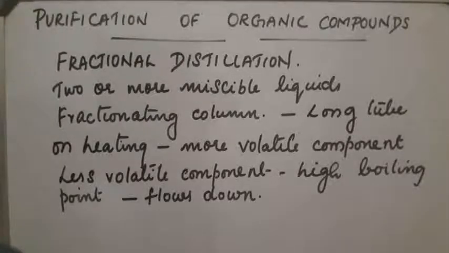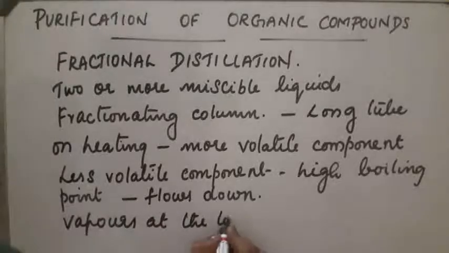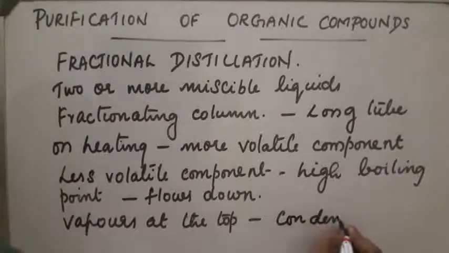As a result of this, the vapors at the top of the fractionating column will be enriched with the component which is having low boiling point, the more volatile component. Then these vapors reaching the top will pass through the condenser, condense and be collected in the receiver.